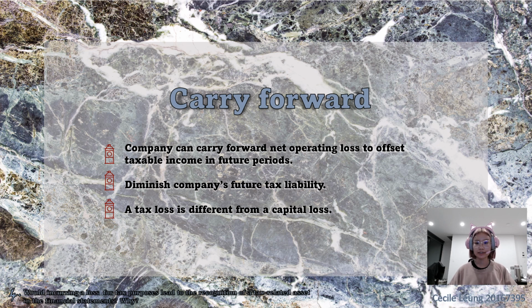In this situation, a company can carry forward this net operating loss to offset taxable income in future periods. This carry-forward mechanism essentially establishes an asset for the company, an amount that the company can use to diminish its future tax liability. Besides, certain deductions cannot be used to contribute to a loss. A tax loss is different from a capital loss.